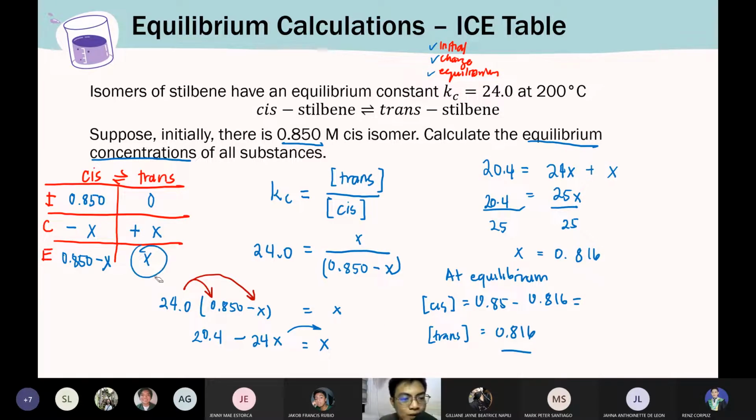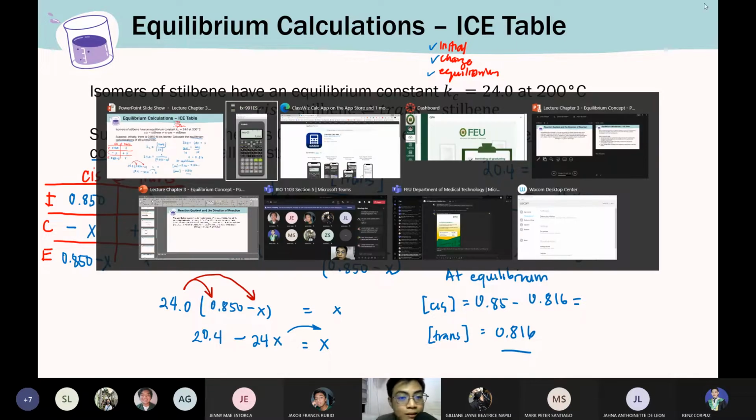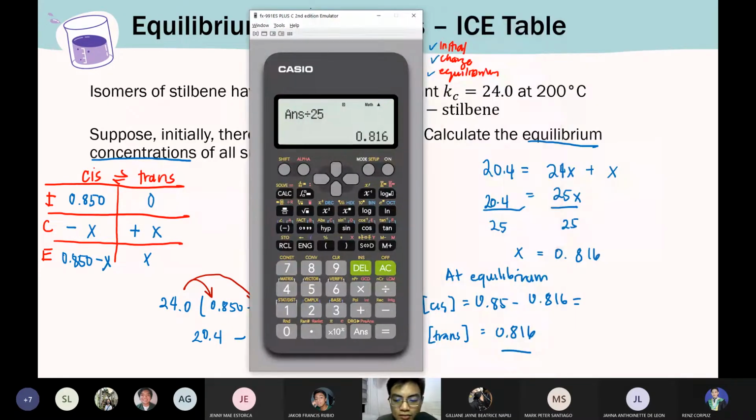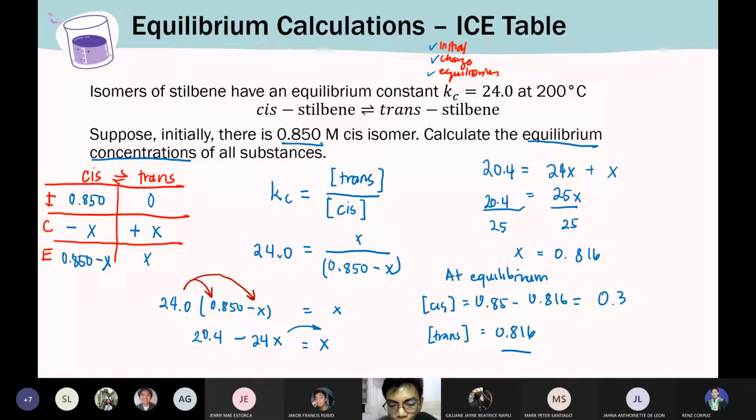So, pindutin sa calcu, 0.85 minus 0.816. Subtract. The answer is, ayan, 0.34. So, that is the equilibrium concentrations. Okay? So, yan. Siguro familiar na kayo dito sa laboratory na.